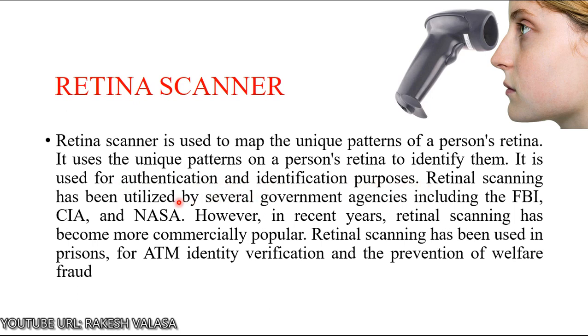Retinal scanning has been utilized by several government agencies including the FBI, CIA and NASA. However, in recent years, retinal scanning has become more commercially popular. Retinal scanning has been used in prisons, for ATM identity verifications and the prevention of welfare fraud.